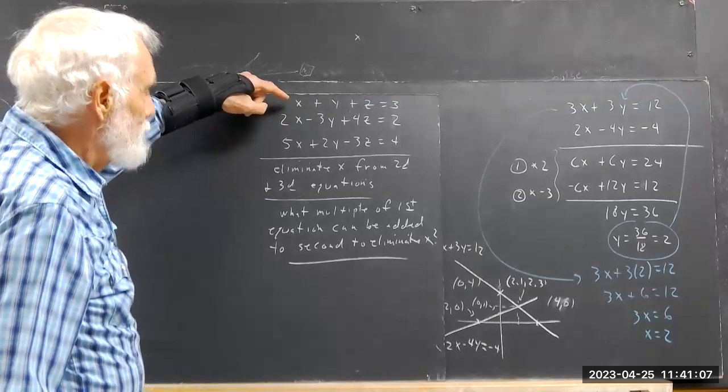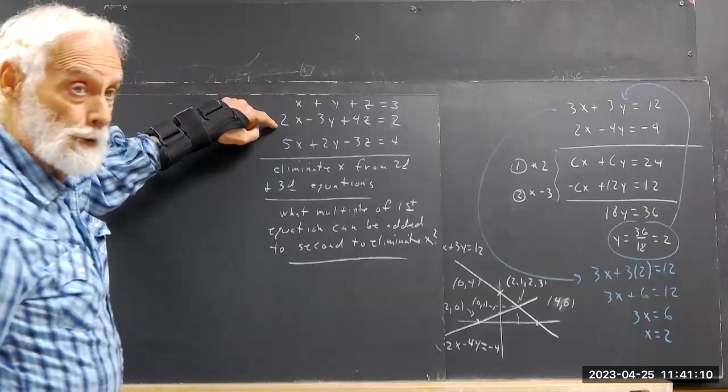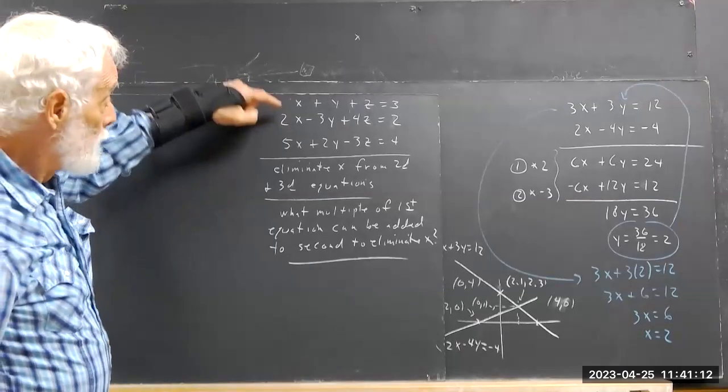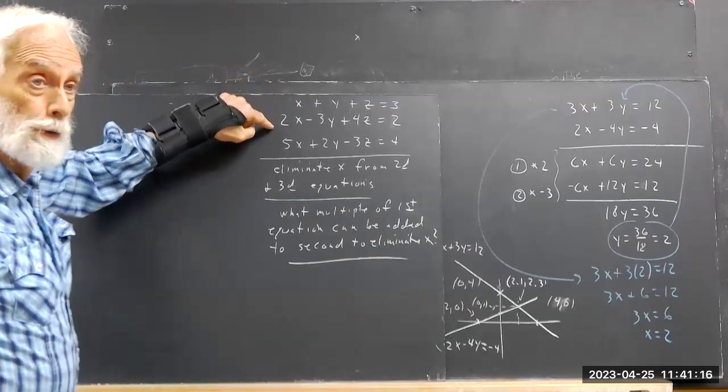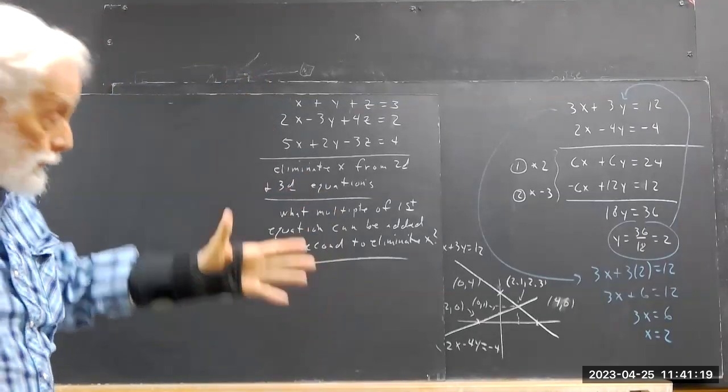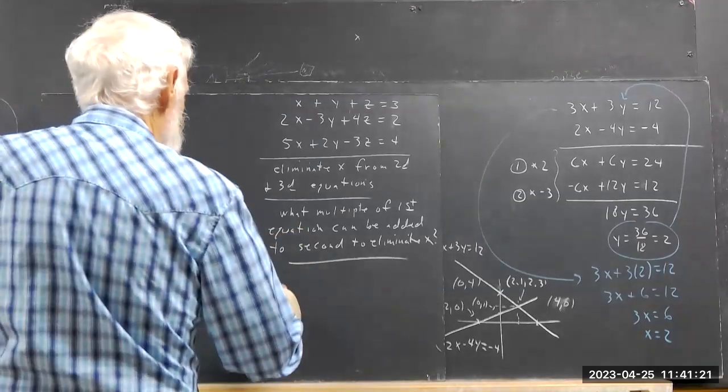I've got plain old x here, I've got 2x here, right? So if I multiply the first equation by -2, I'm going to have -2x and 2x, and x is going to go away. Let's do that.